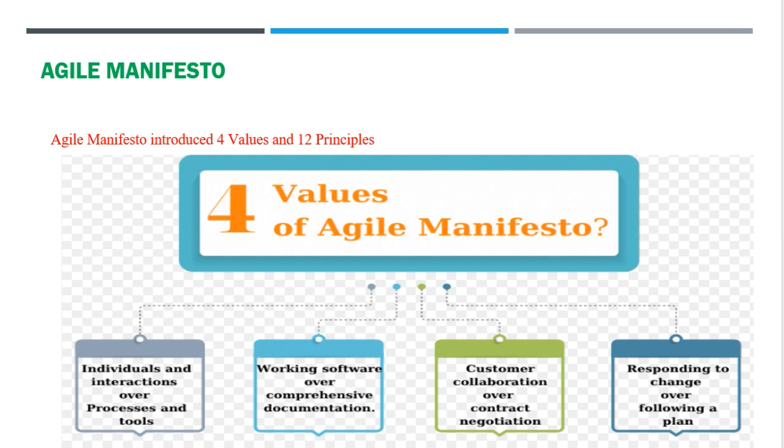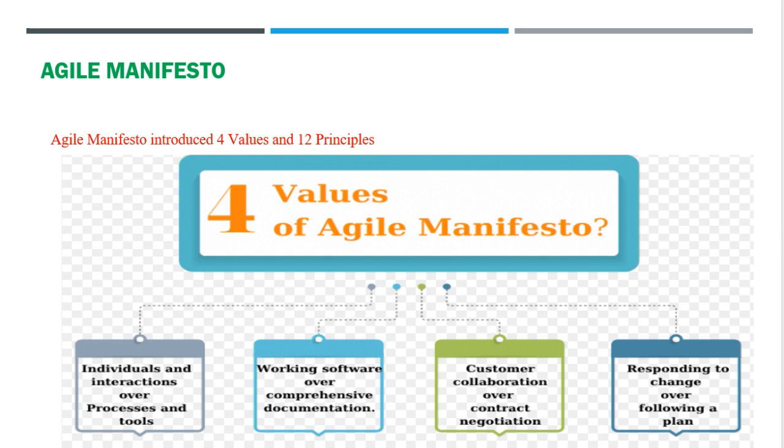The idea is to produce something valuable and usable quickly and then improve it based on feedback and experience. Hope you understood the second value of Agile Manifesto, which was working software over comprehensive documentation.